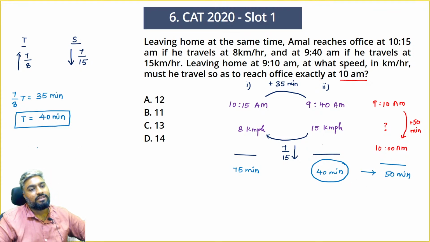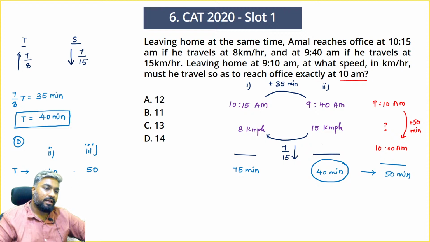Yeah, you can go with ratios now, case 2 and case 3. The distance is constant. If the ratio of time is 40:50, which is 4:5, correct? Ratio of time is 4:5, then the ratio of speed should be what? 5:4.